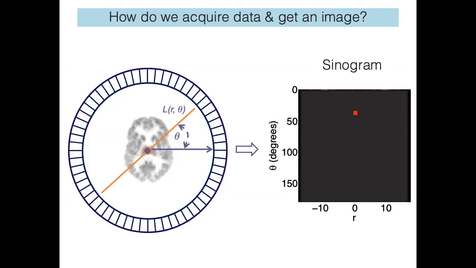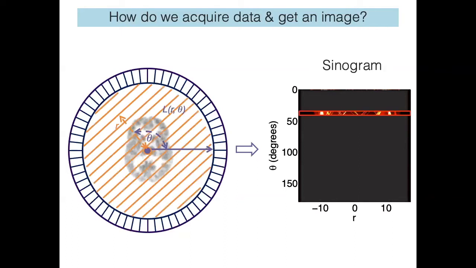So for each specific radius and angle, you get one point in your sinogram, right? So that really defines a point in your sinogram. And if you then acquire all the same lines of response at the same angle, you will get one line in your sinogram at that angle for all the radii that you can acquire.